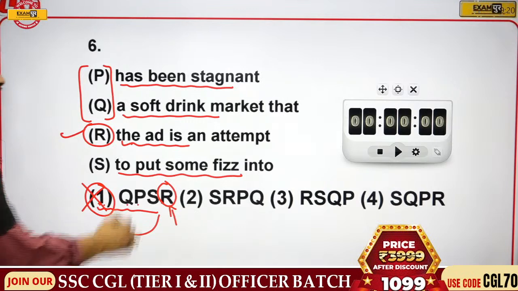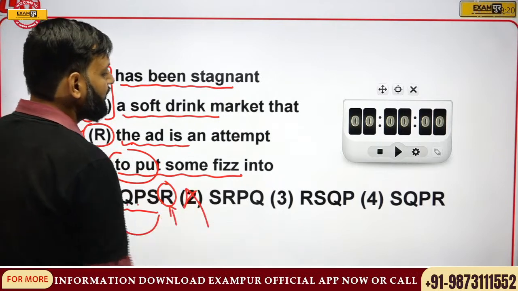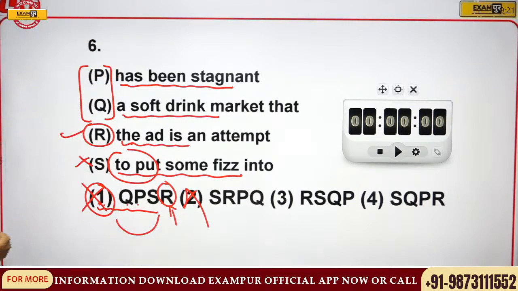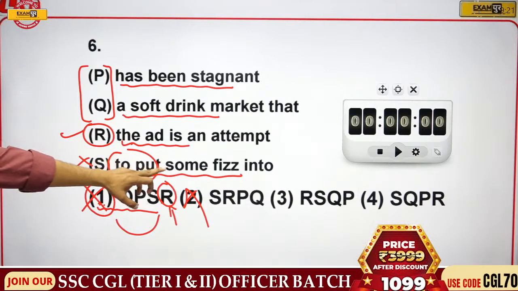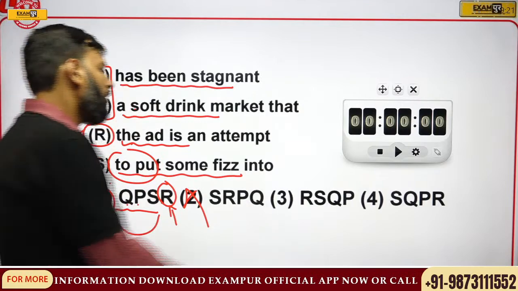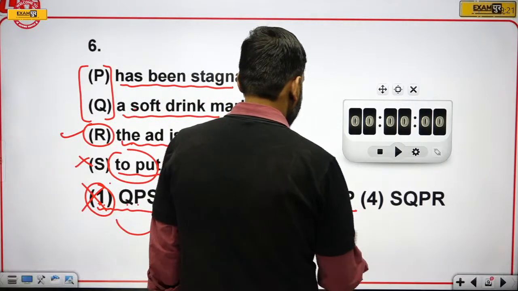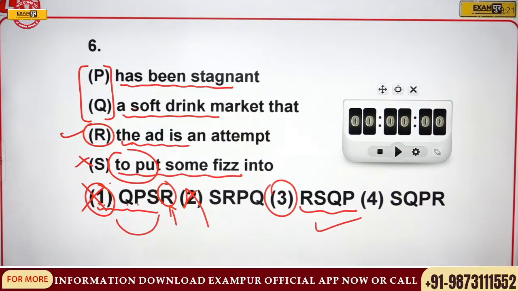So here we have 2 plus V1. A sentence cannot start with 2 plus V1, so eliminate this as well. Now we have RSQP. So R, the ad is an attempt to put some fizz into a soft drink market that has been stagnant. Here option number 3 is the right answer. It is absolutely correct.